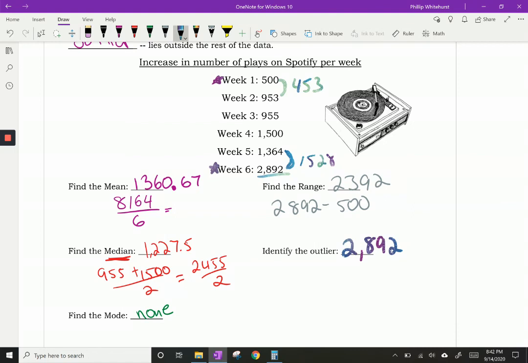So that's a huge difference. So that means the biggest difference is between 5 and 6, which makes this our outlier. All right, remember, the outlier is just the number that lies way outside the rest. This one is outside by over 1,500, so that means that's our outlier.